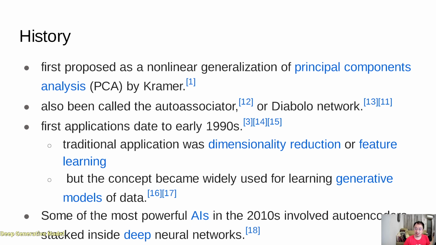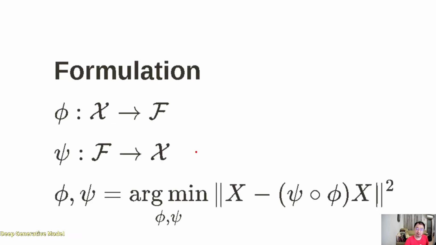So it can be used for dimensional reduction and feature learning. But as we can see, it can also be used as generative models. So how do we use it as a generative model? There are many ways to do that, but simply we can use only the decoder part.